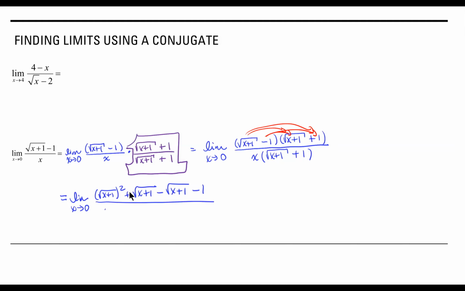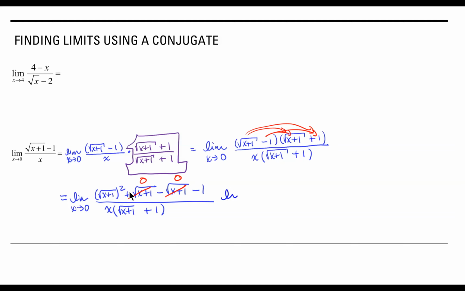And in my denominator I have x times the quantity (square root of x plus 1 plus 1). And I'm not going to multiply out my denominator yet. I will wait until at some point it becomes necessary to do so. So what I notice is in my numerator I have a plus square root of x plus 1 and a minus square root of x plus 1. So those sum to 0.